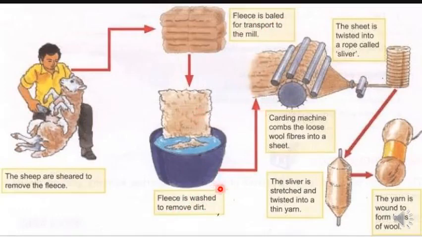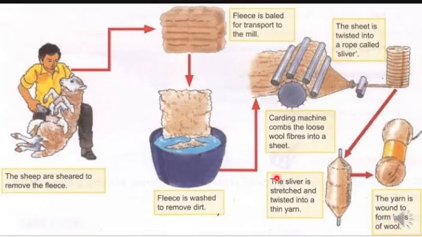After that it is washed. Then the carding machine combs and loosens the wool fiber into a sheet. Then the sliver is stretched and twisted into a thin yarn. You can see here, the yarn is wound to form balls of wool.